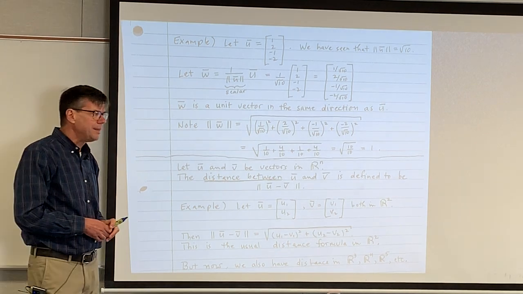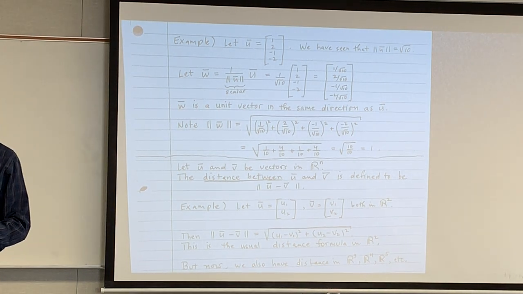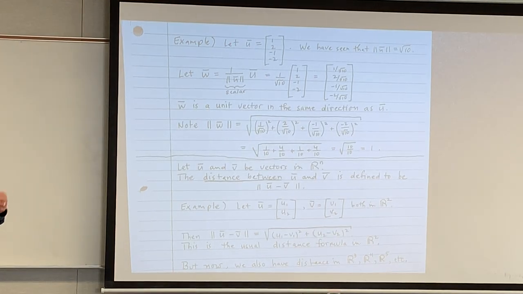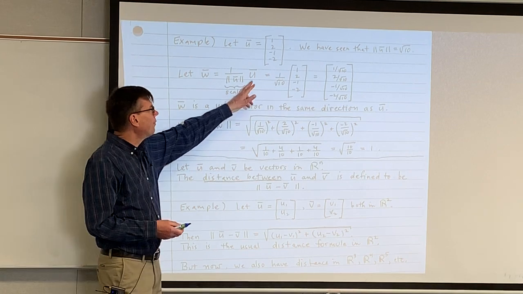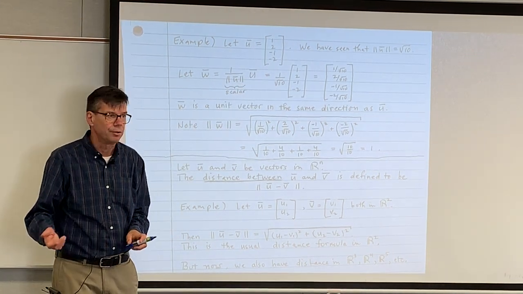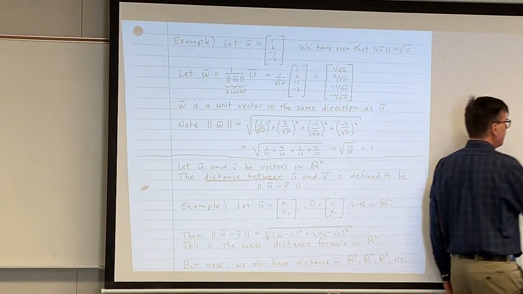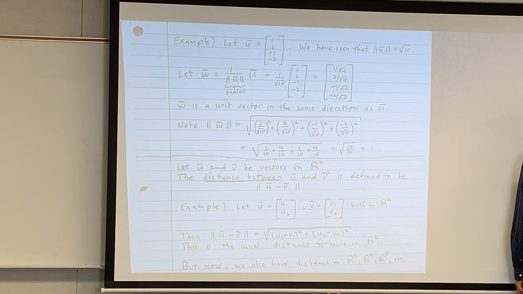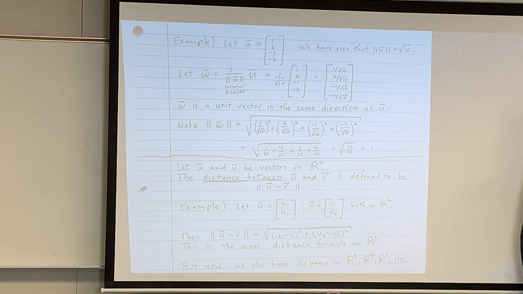And when I teach 110C, we spend a lot of time working with unit vectors in the same direction as a given vector. And sometimes you just say you divide the vector by its length or its magnitude or its norm. Those all mean the same thing. So length, magnitude, norm of a vector, those are all equivalent.